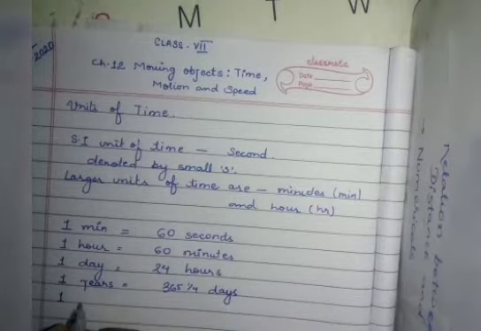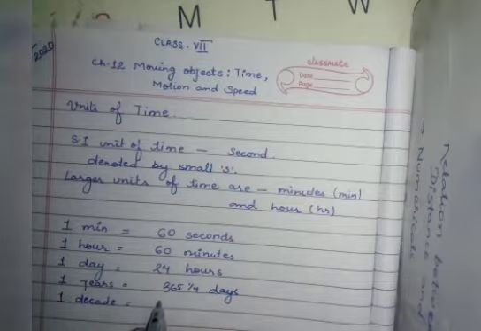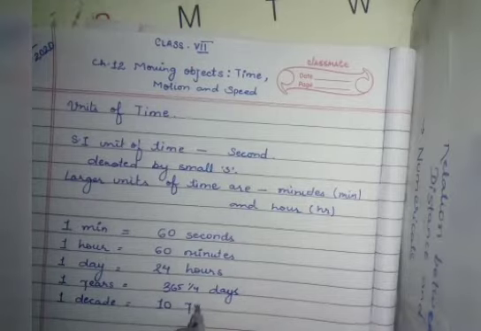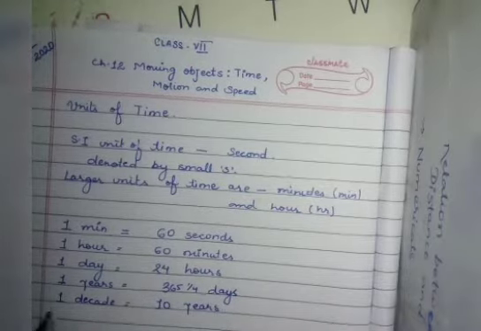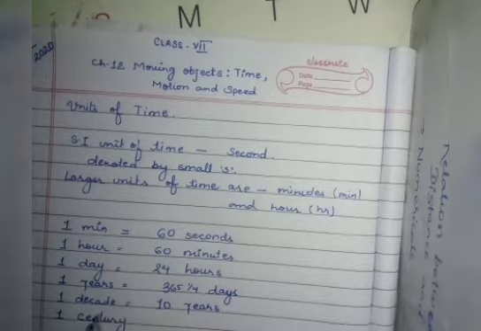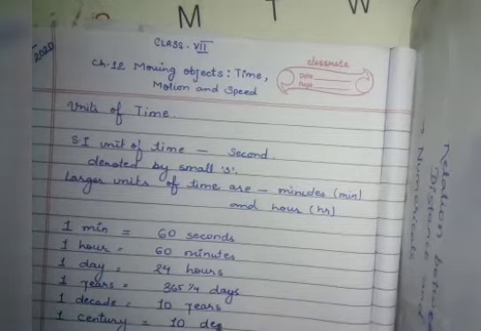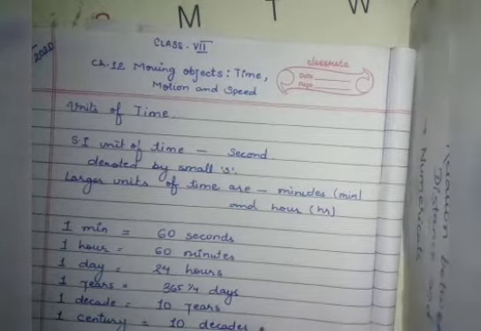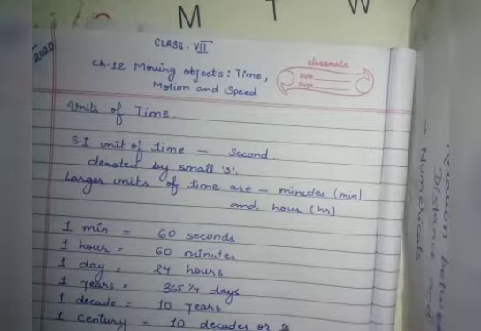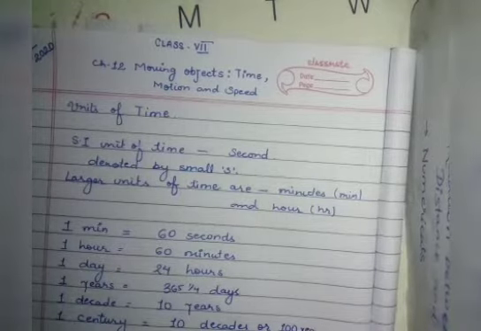1 decade equals 10 years. 1 century equals 10 decades or 100 years.